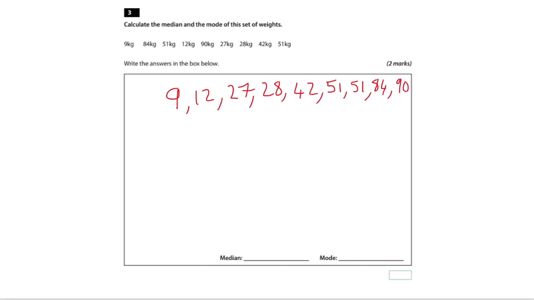So let's find out the one that's in the middle of this set. So what I do is I go from either side, crossing them off until we get to the middle. Okay, we've crossed off 4 each side, and the number that's in the middle is 42. So that would be our median. Always remember your units of measure.